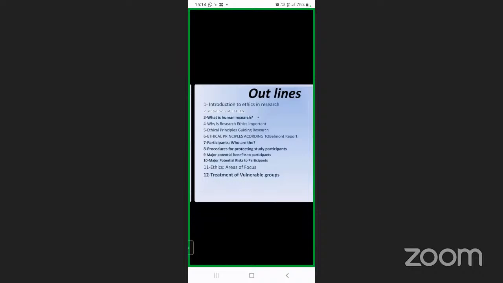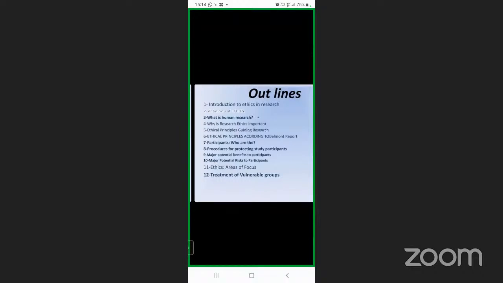In that also we are going to discuss the different ethics of research. The ethical principles which are available for the work or the literature are also important.